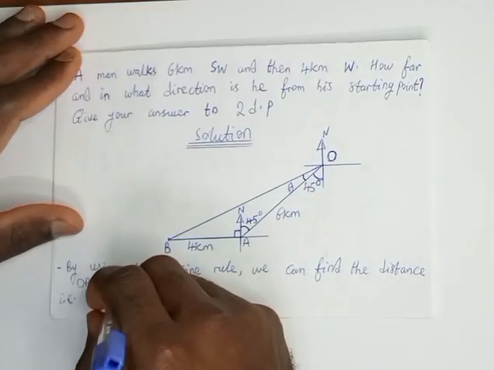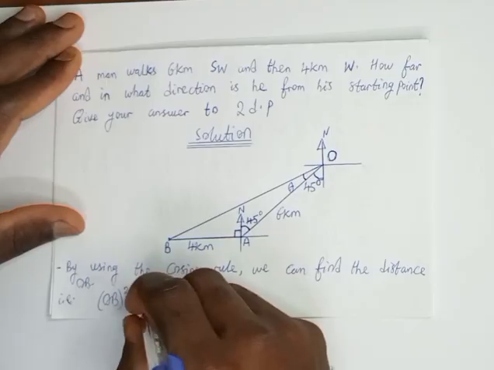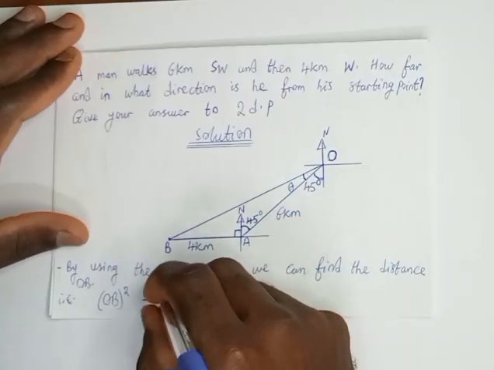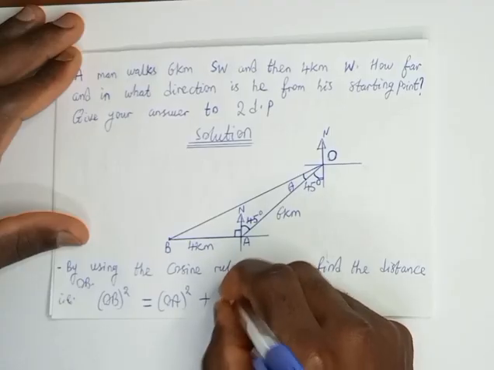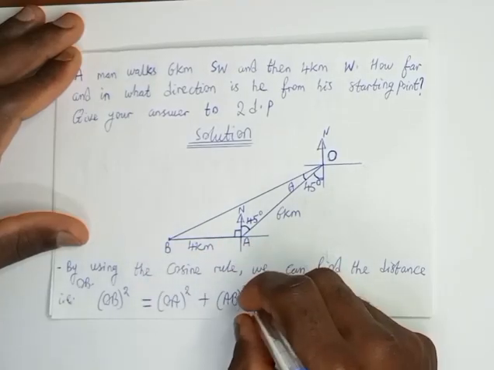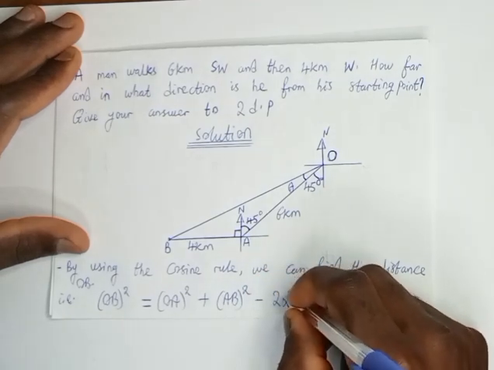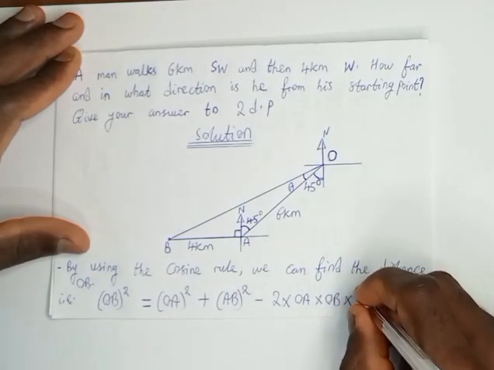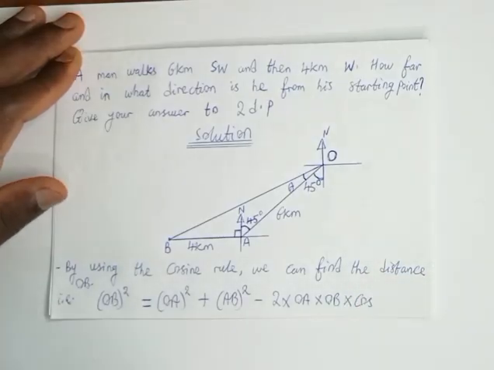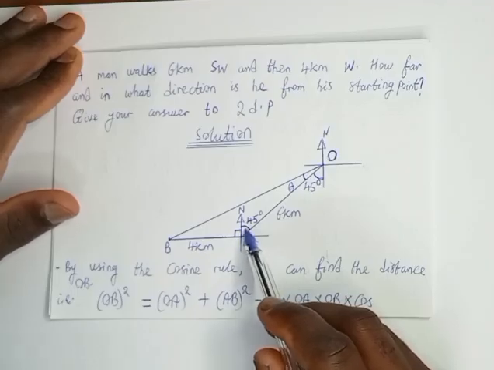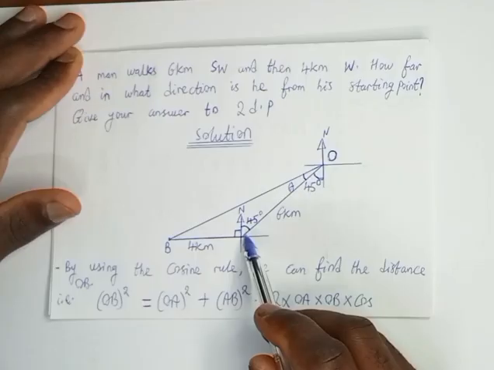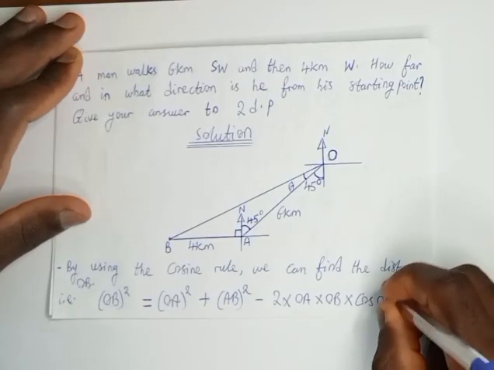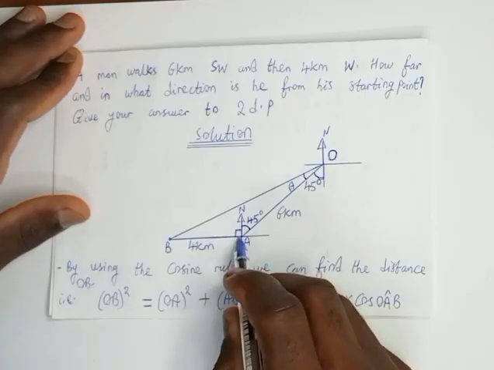We are going to take OB squared to be equal to, we know these two sides, OA squared plus AB squared minus 2 times OA times AB times the cosine of the angle which is opposite the side OB. That means this angle, the angle OAB.